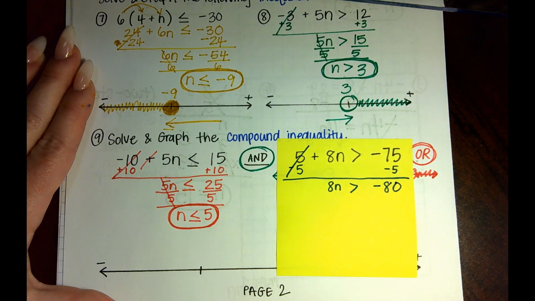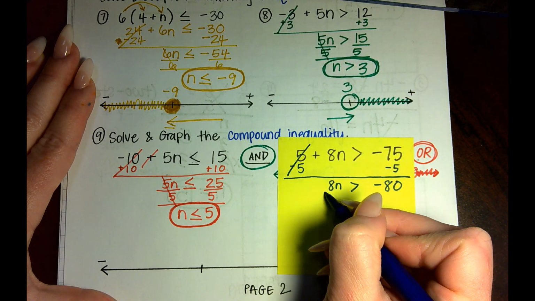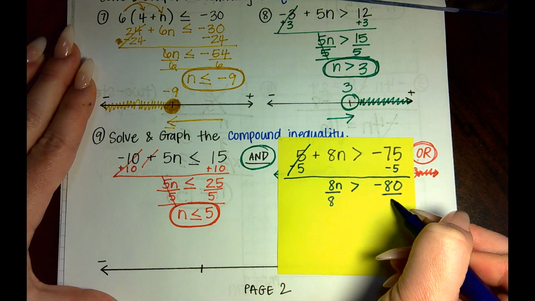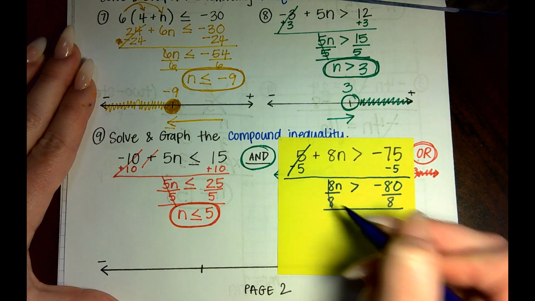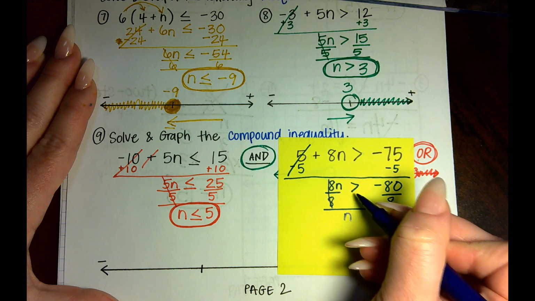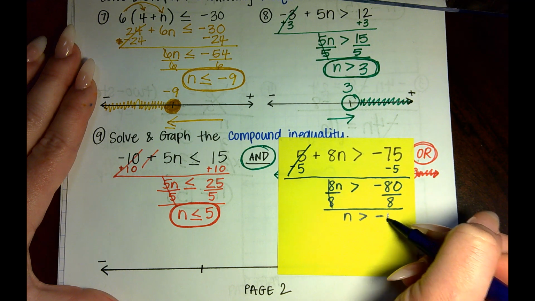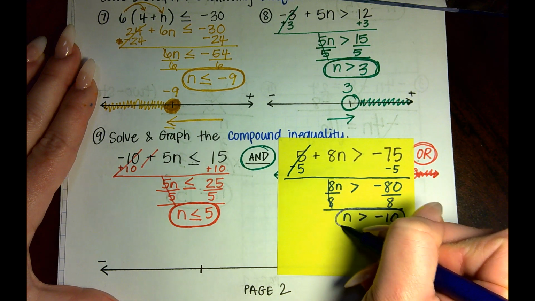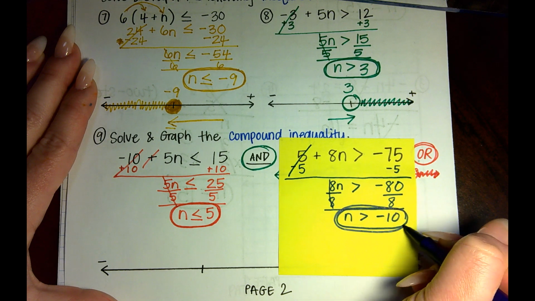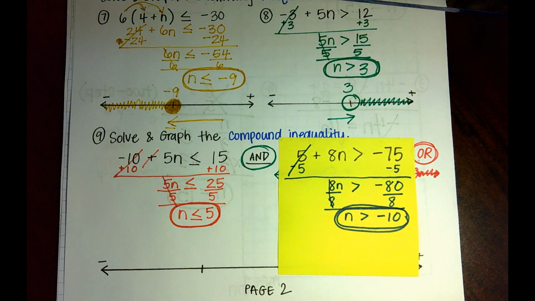Then you divide by 8. The 8s cancel. n is greater than negative 10. And that is my answer.